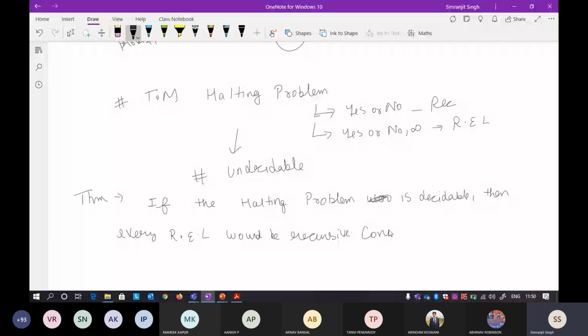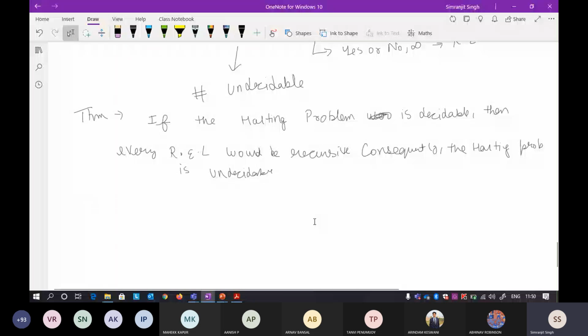I'll explain the meaning of that. We have already proven, in the previous lecture, that there is at least one recursively enumerable language that is not recursive. So at least one problem exists that is recursively enumerable but not a recursive language.